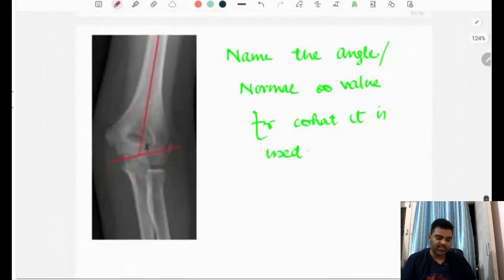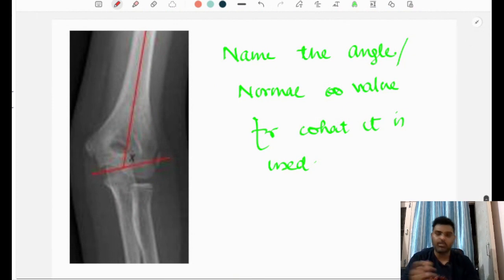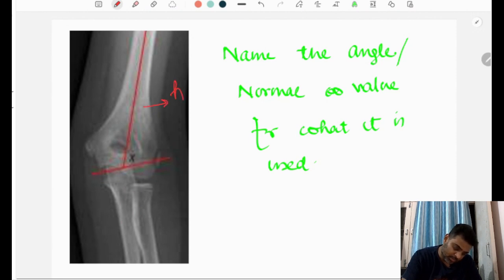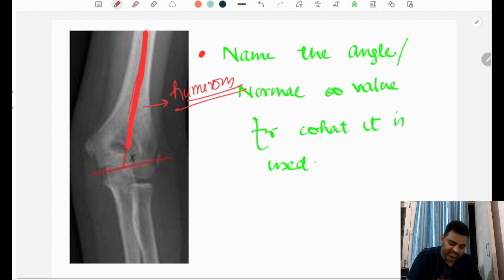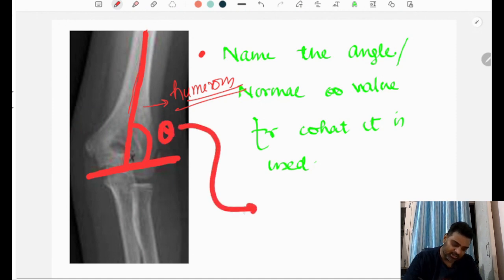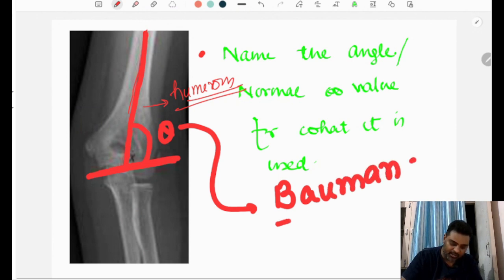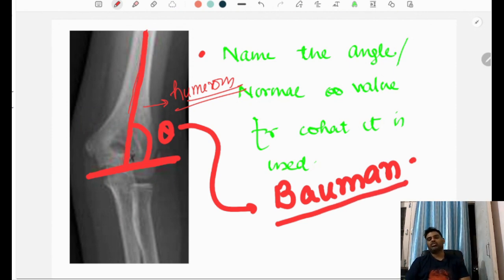Now name this angle. This has been asked in NEET. Name this angle, what is the normal value, and what is it used for. Can anybody tell? Now this is the humerus. There is a line coming from the humerus and a second line going through the capitulum or lateral epicondyle. The angle between them is known as Baumann angle. This Baumann angle is used in case of the elbow.